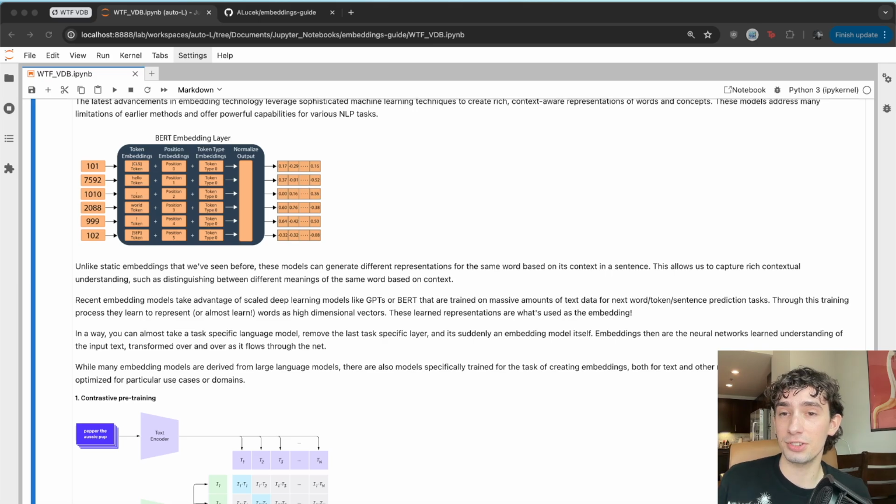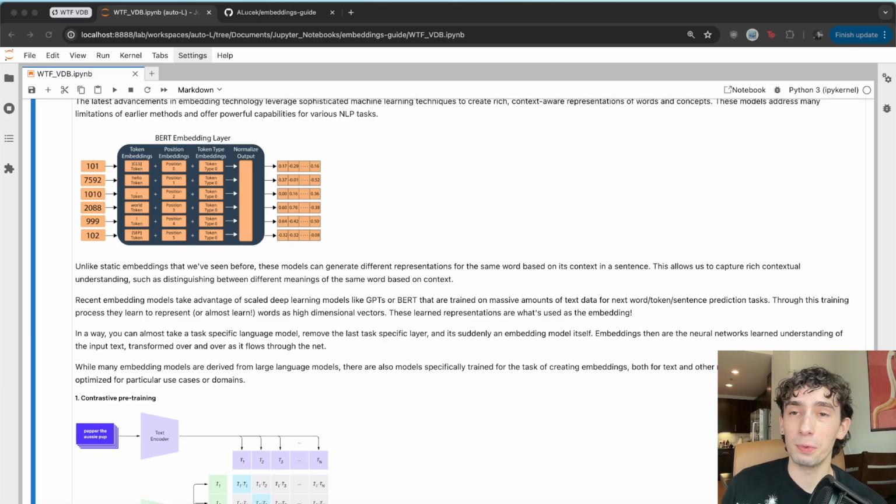And this takes advantage of these large-scale deep learning models, many of them being language models that are trained for things like next word prediction or masked language models to insert into a sentence the word that it most expects to be there. And through training all of these on a massive amount of text and data, they learn to represent almost anything as these high-dimensional vectors.